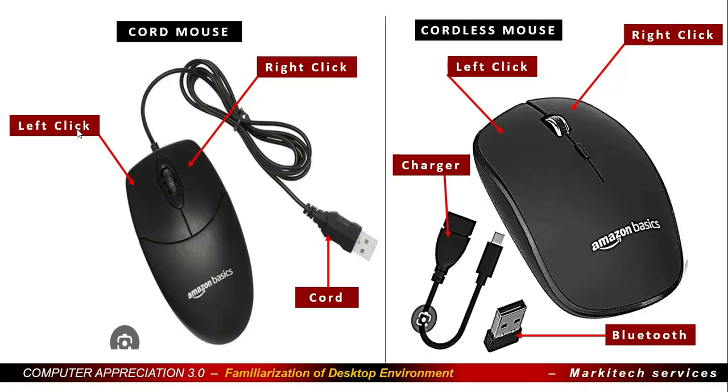In that scenario, I can use the left click, and once I click, it will pop up immediately. Or again, if you want to select a particular text, object or picture, you use the left click. Once you click the left, it will highlight and select it. Then other things can follow.